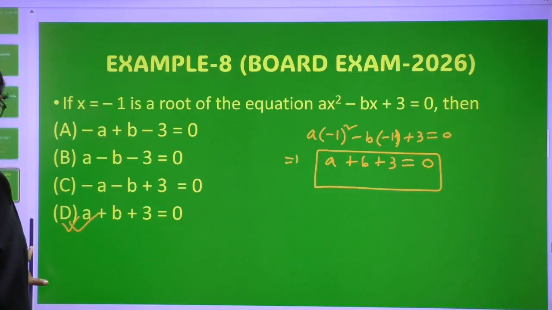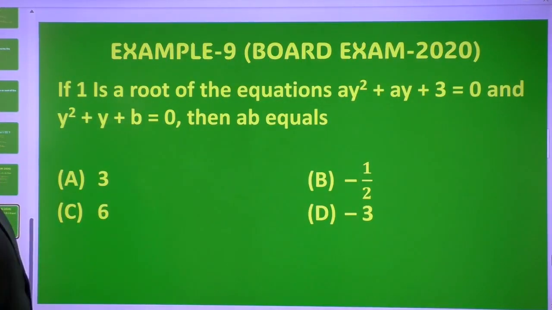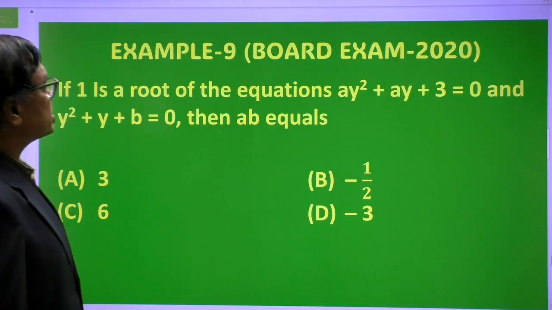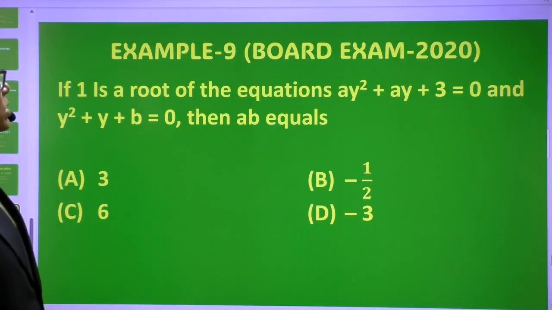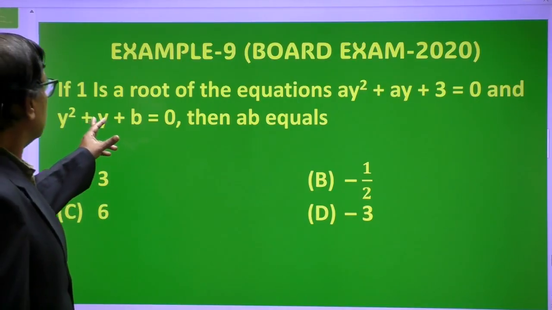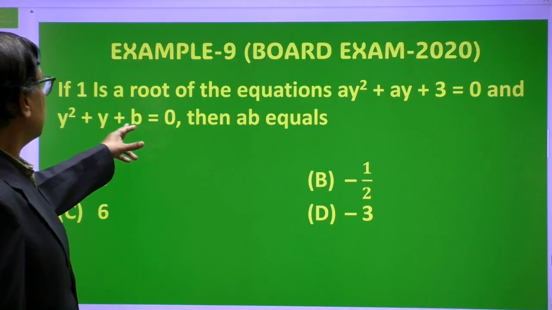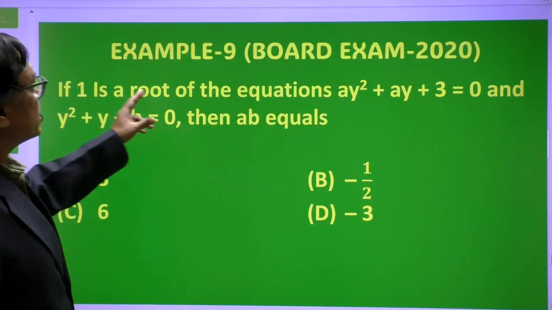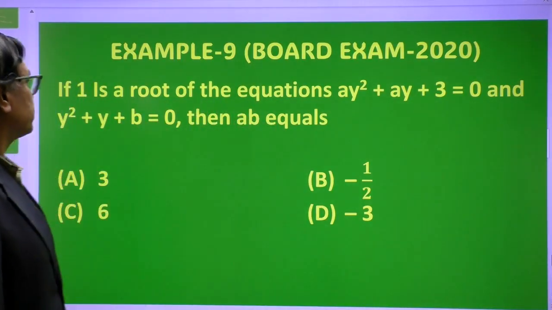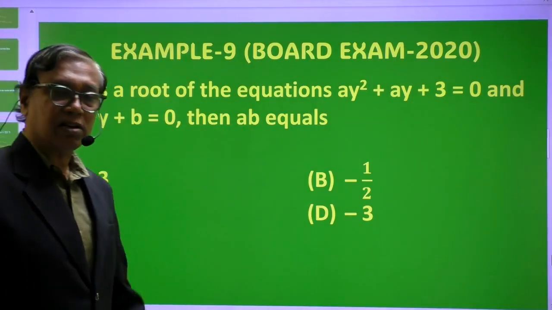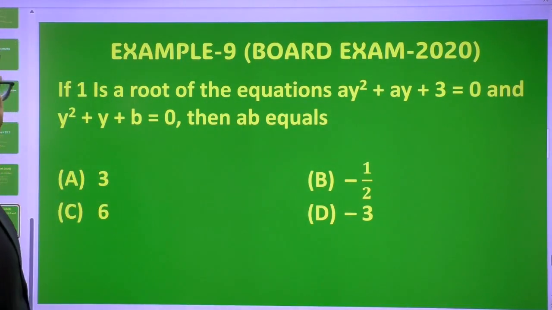Now example number 9. This sum came in board exam 2020. If 1 is the root of the equation ay square plus ay plus 3 equals to 0 and another equation y square plus y plus b equal to 0, that means 1 is the root of 2 equations, then we have to find the value of ab.